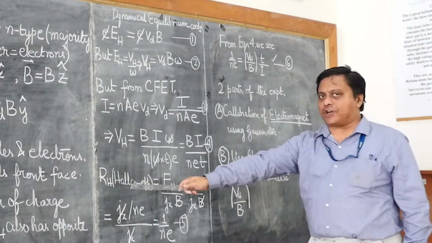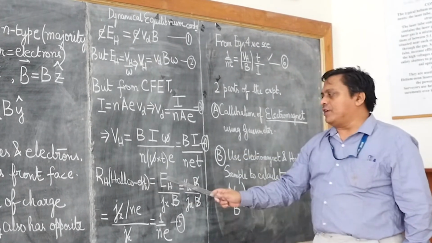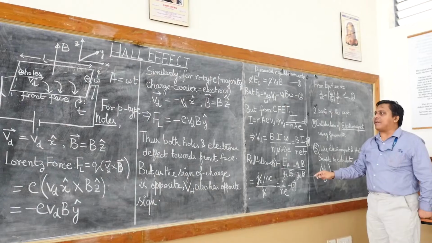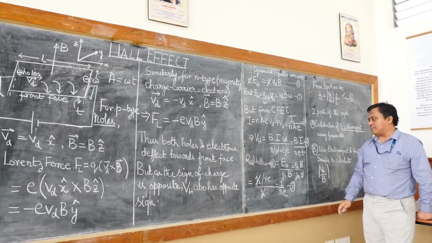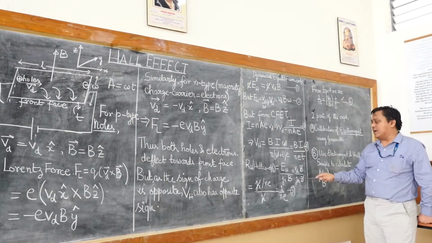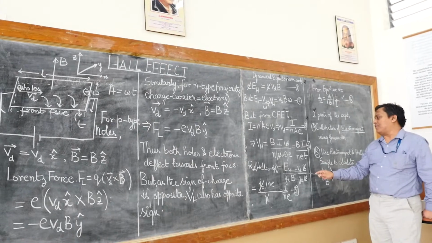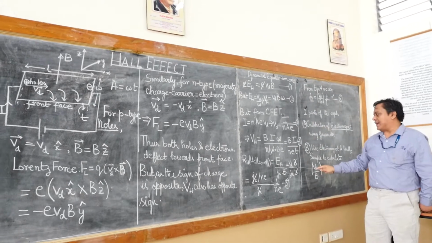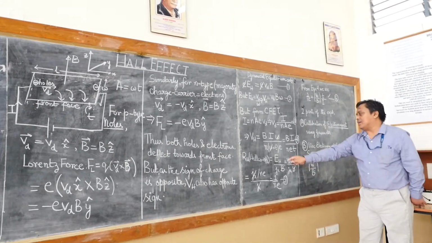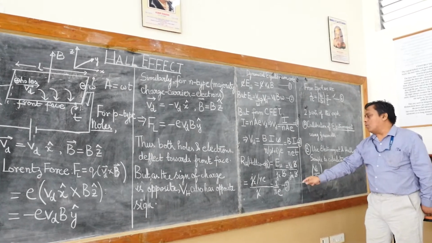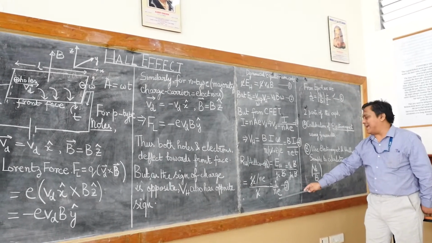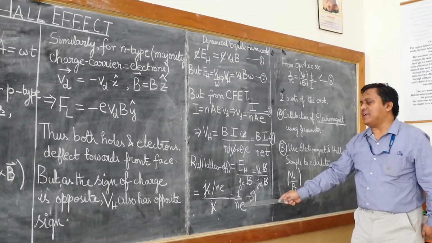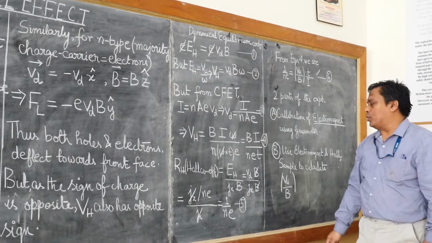Now to derive the Hall coefficient, which we require for this experiment, we need to remember that the Hall coefficient is defined as the Hall field EH divided by the current density along the drift direction, which is Jx, times the magnetic field. This is the definition of the Hall coefficient, and simply by plugging in the values that I have already derived above, I can show very quickly that the Hall coefficient is nothing but 1 by N times E, where N is the carrier concentration of the p-type or n-type semiconductor, electrons or holes, and E is the charge of the electron or hole.